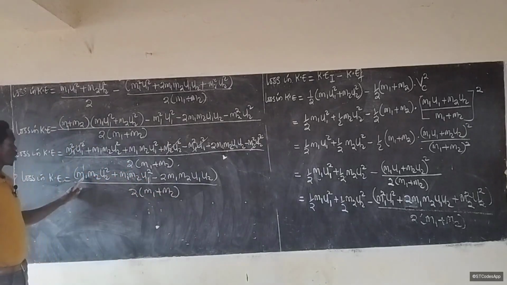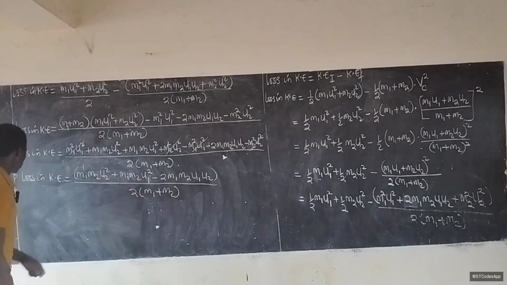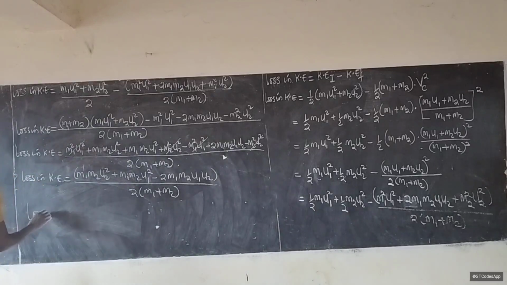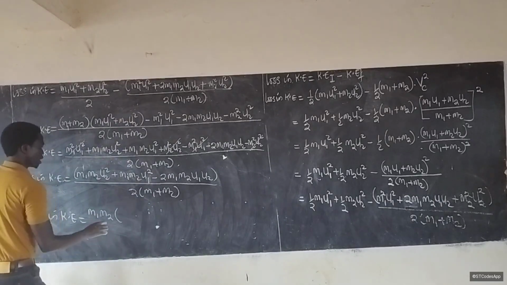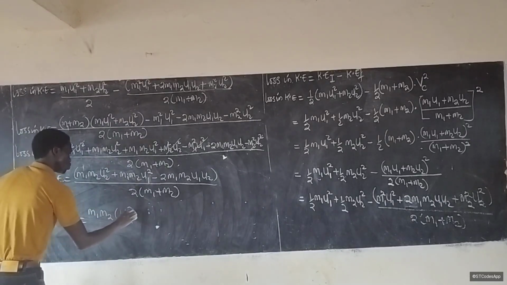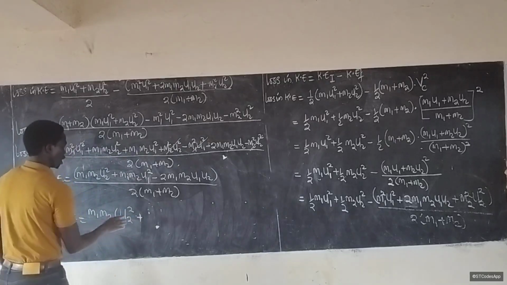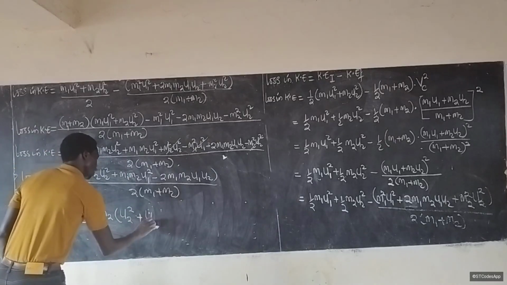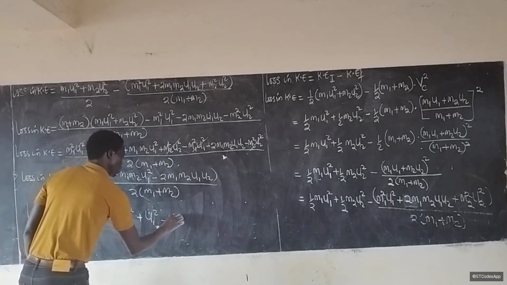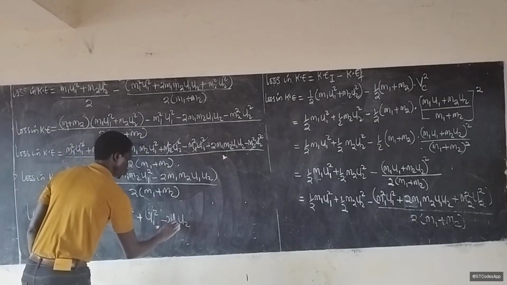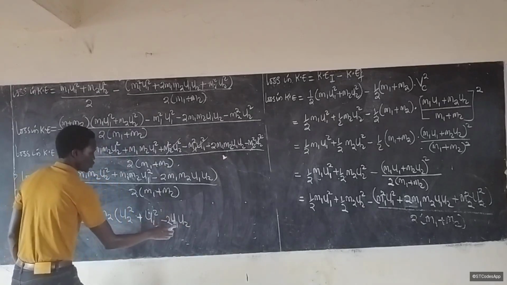So in this case you see M1 M2 is common all throughout, so we can factorize it out. Still loss in kinetic energy would be M1 M2 open a bracket, I'll have U2 square plus U1 square minus U1 U2 with the 2 here, so this is 2 U1 U2.